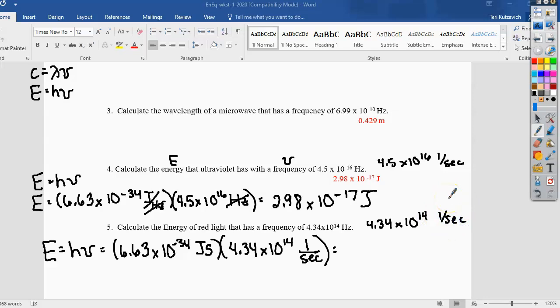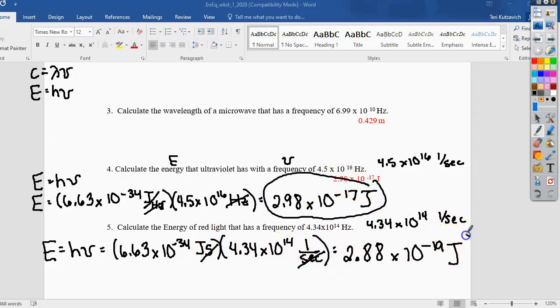Let's get an answer for this. 6.63 EE negative 34 times 4.34 exponent 14. And your answer comes out to be 2.88 times 10 to the negative 19th. And your seconds cancel, and you're left with just joules, which is an appropriate unit for energy.